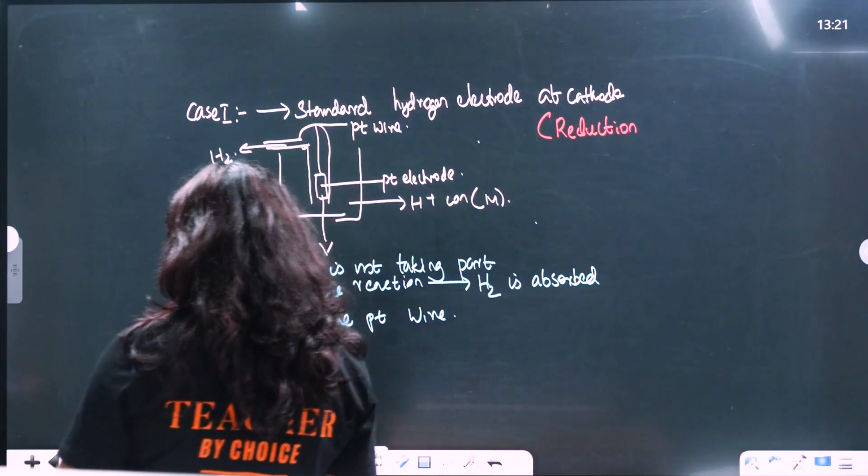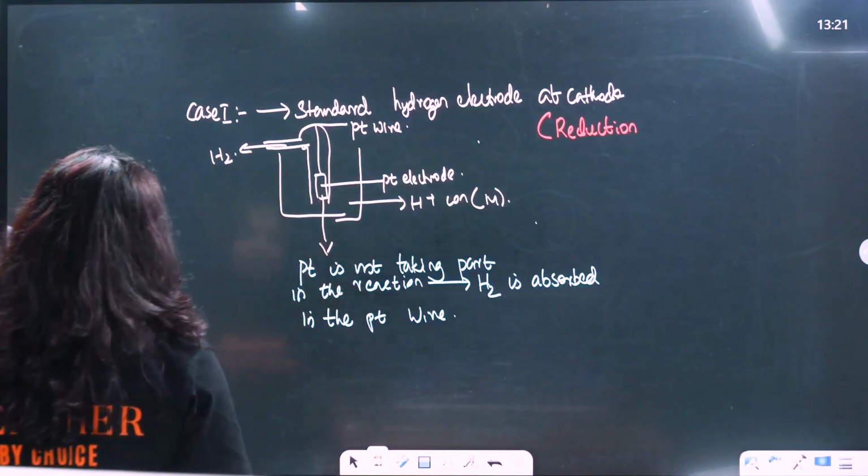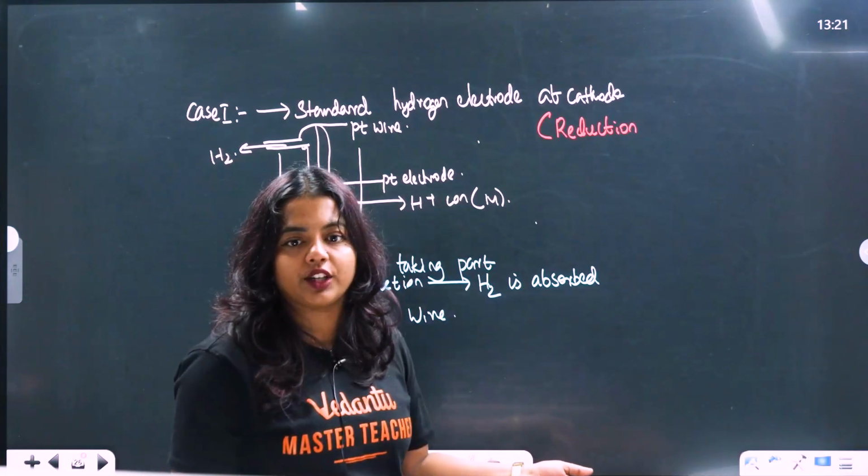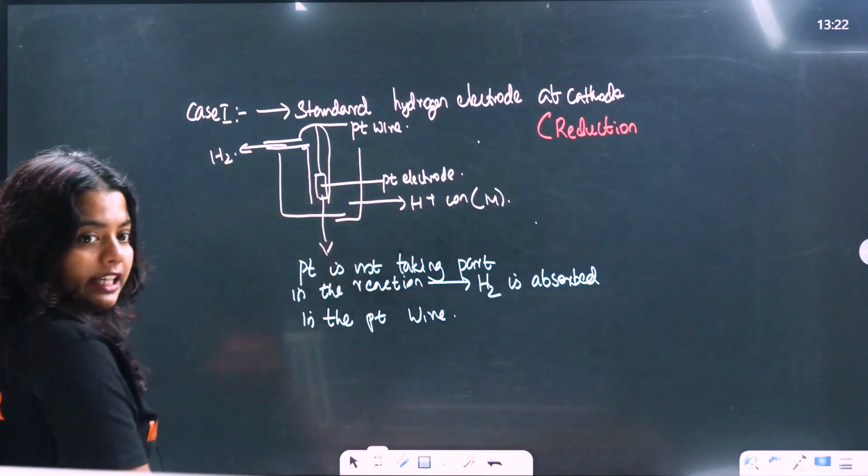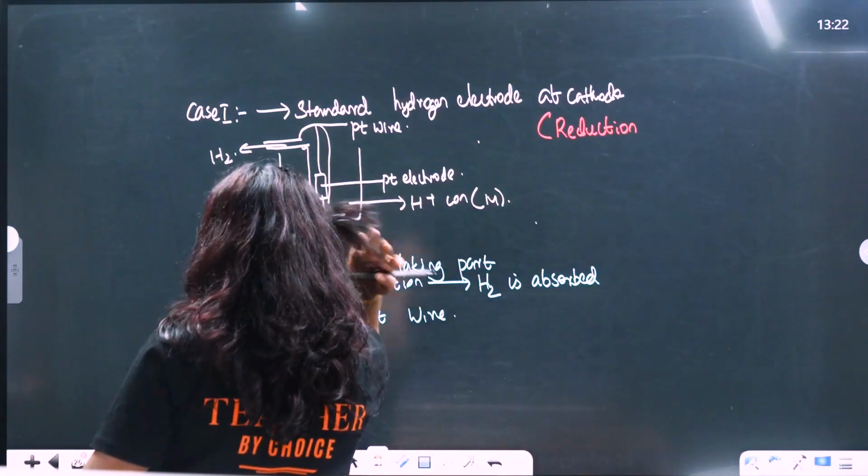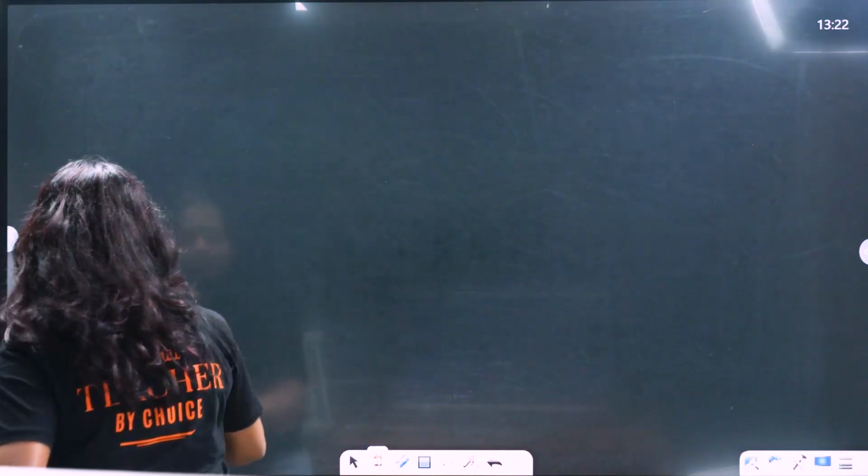Now tell me what will be happening in the cathode. I have taken this particular hydrogen as the cathode, right? So what will be happening in the cathode, my dear students?